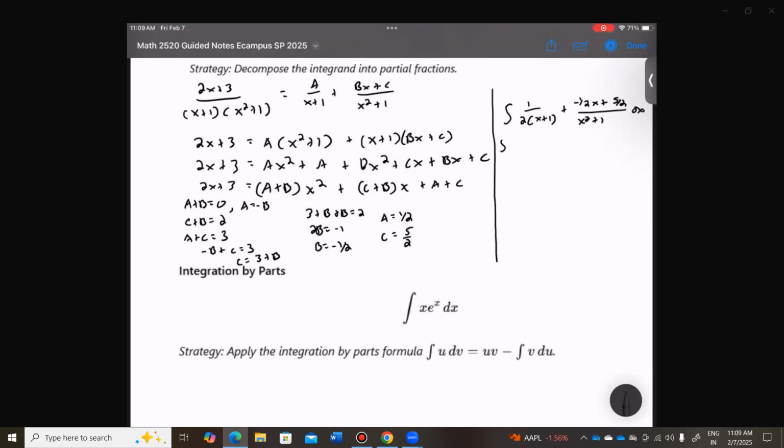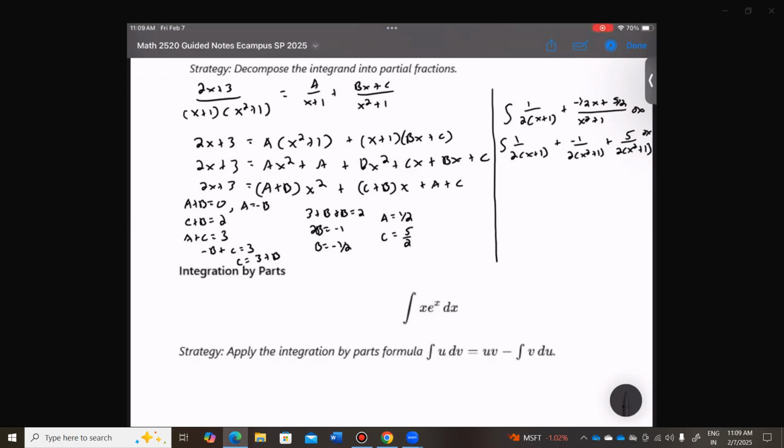So the first one, 1 over 2 times x plus 1. The second one, we can split that up as well: negative 1 over 2 times x squared plus 1, and 5 over 2 times x squared plus 1, and a dx off to the side.